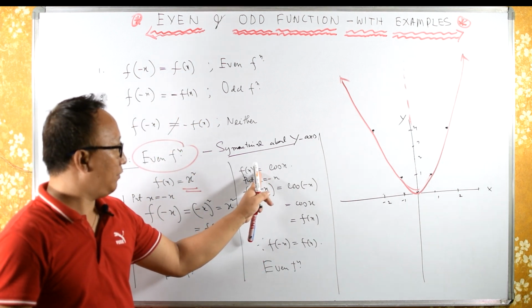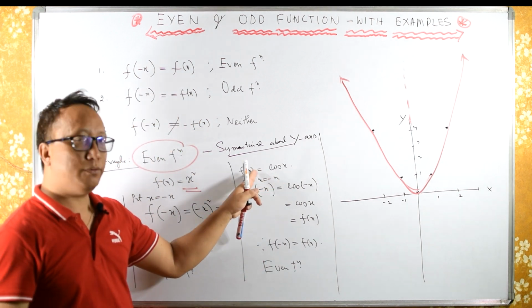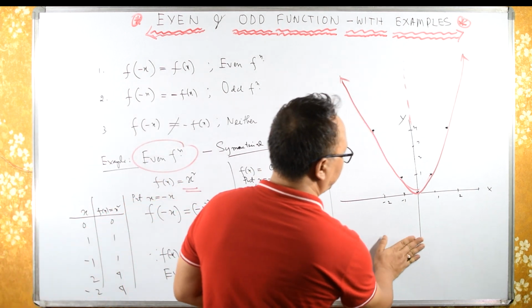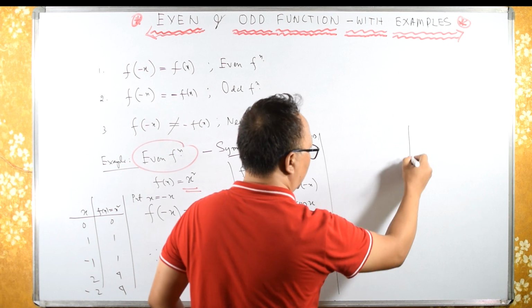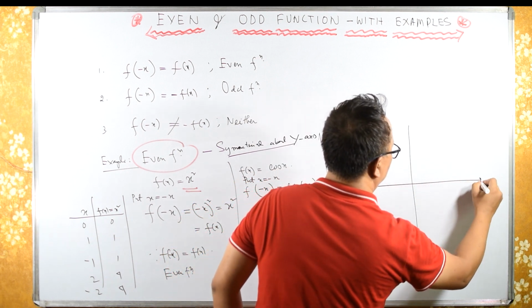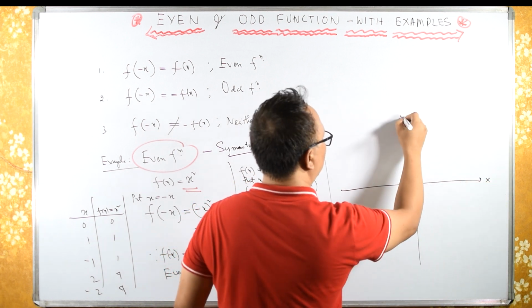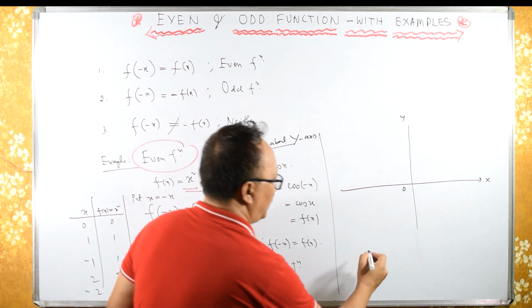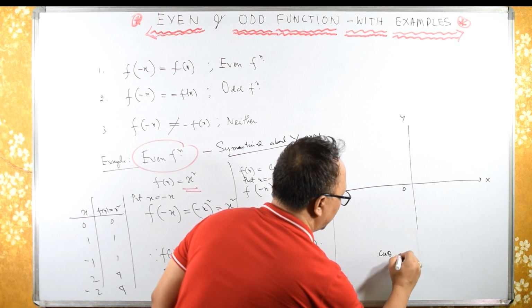Similarly, you can check this function also. Here we have f of x equals cos x. Let's see its graph. Consider x o y. Here you have to remember cos of x.